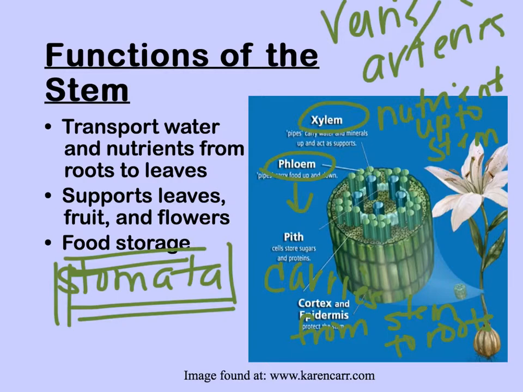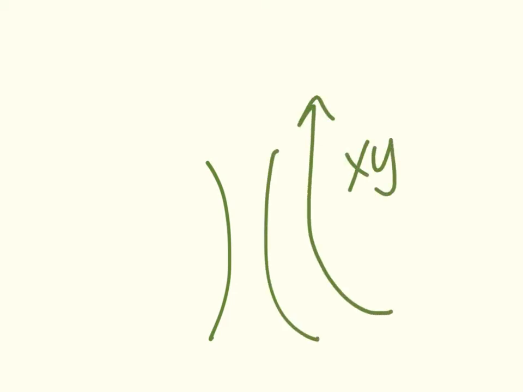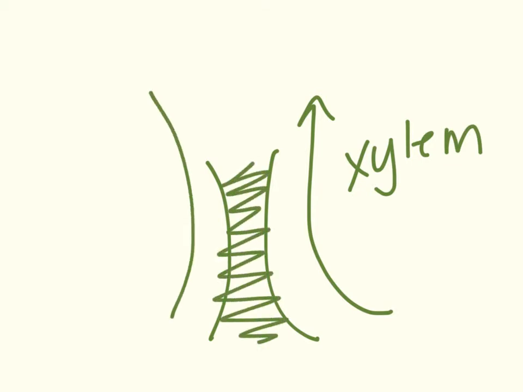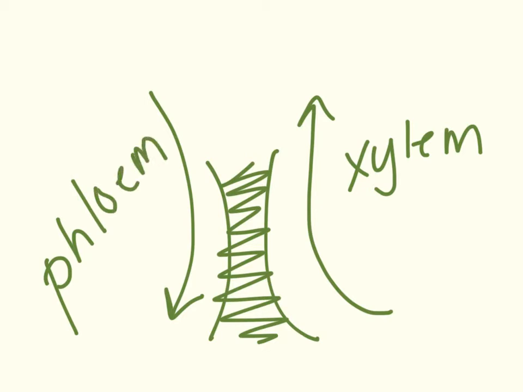So let's get another slide, it'll be a little easier. Here's your stem, and xylem goes up, and phloem goes down. I had a student a couple of years ago that said she remembered phloem because phloem flows down.